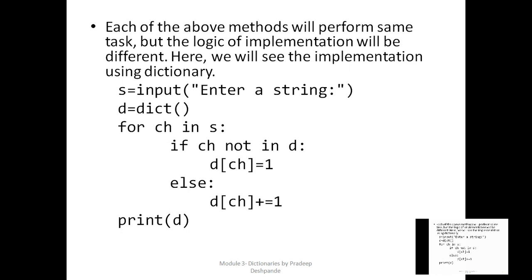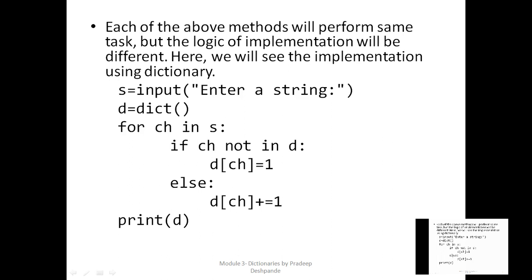So here we have s equals input a string. We are taking an input from the keyboard here, creating an empty dictionary. d equals dict, for ch in s. The for loop takes ch as each character in the particular string. If ch not in d, that is, if it is not available in the dictionary, we are adding it: d of ch equals 1.